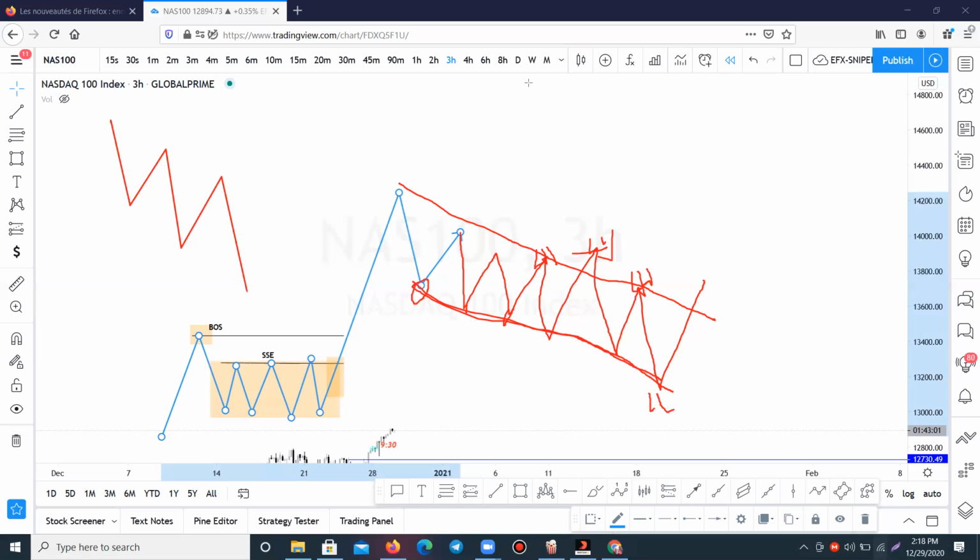So for me, for this lower high here to be valid, I need to see the market give me a lower low. As long as I see the market break this last lower low, already my swing level becomes the swing high. Swing low at the bottom.